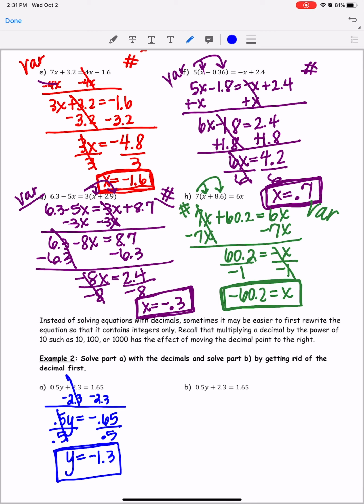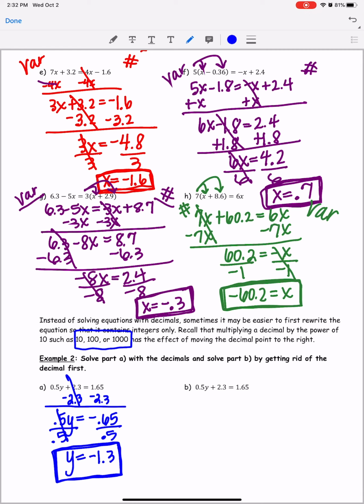Here is the other way to do it. And again, I'm not a fan because I feel like this is an extra step. And you've got calculators, so these decimals aren't a problem when you've got calculators. But over here on B, it says we're going to solve part B by getting rid of the decimal first. And so when you get rid of the decimal, that's when you're multiplying it by one of these powers of 10.